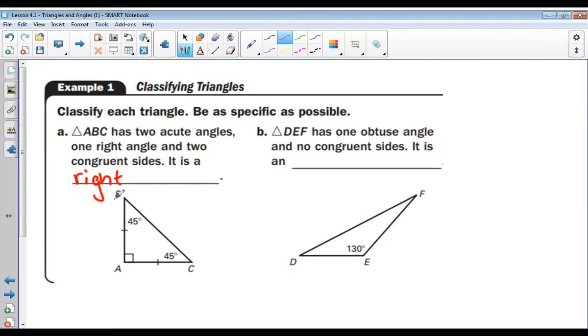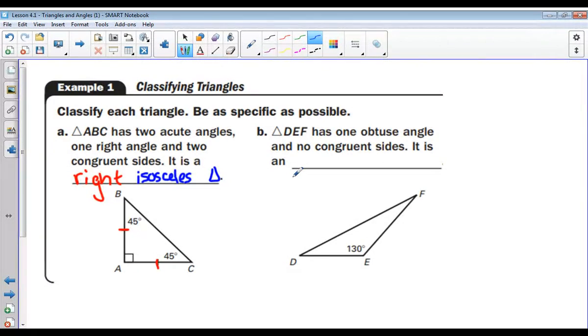If I'm going off of the sides, you can see that there are two sides that are congruent. Because I have two sides that are congruent to one another, it would be considered an isosceles triangle. So this would be a right isosceles triangle.